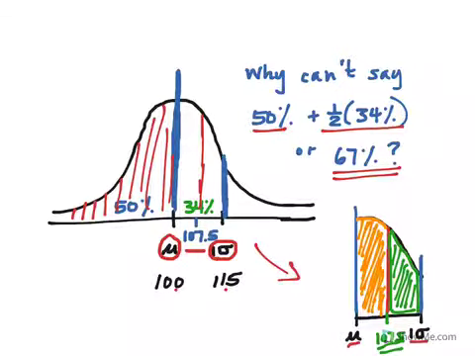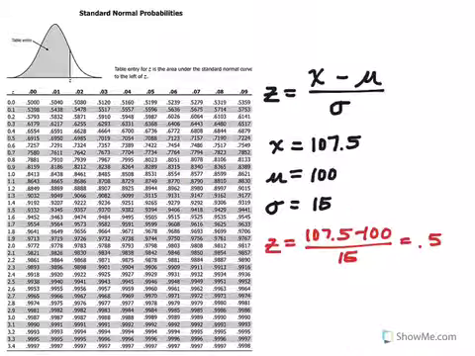So that's why we have to use our z-score table. And we say, well, okay, what's 107.5? That is our data, the mu is 100, sigma is 15. Plug it in, data minus the mean divided by the standard deviation, I get 0.5.